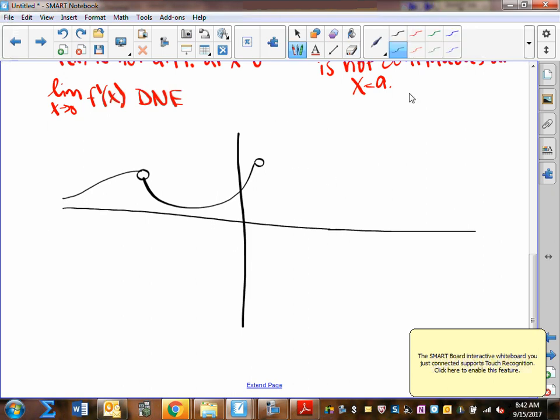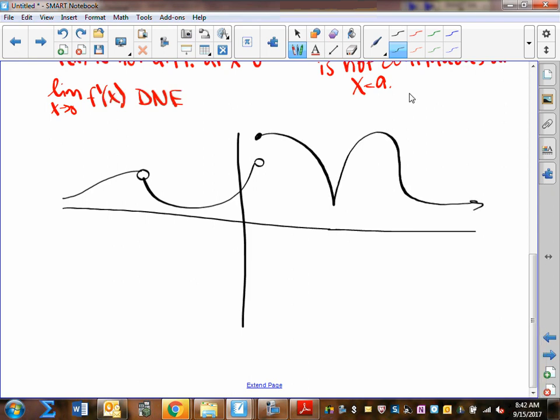So this first one will be A. Jump here will be B. C. We got the roller coaster hill.